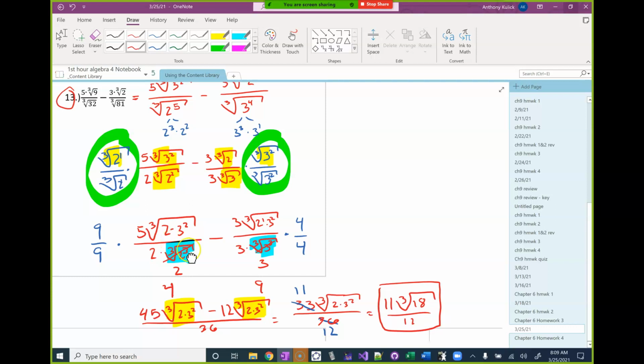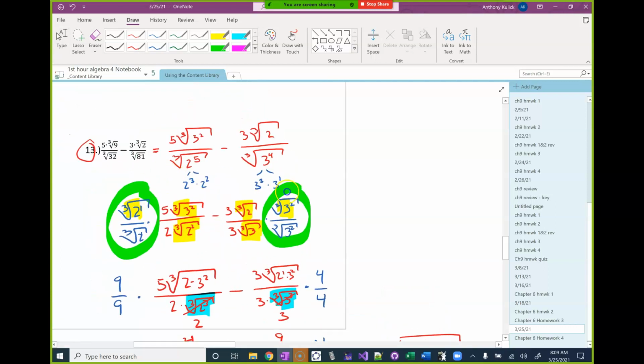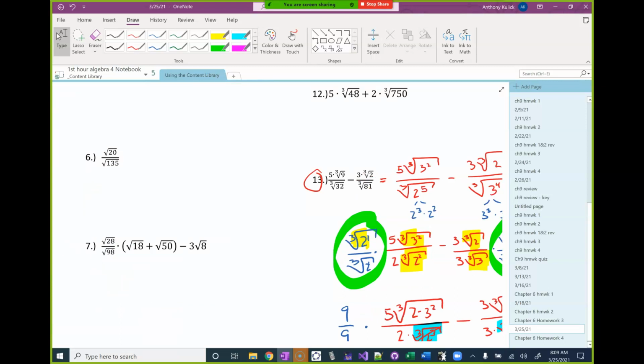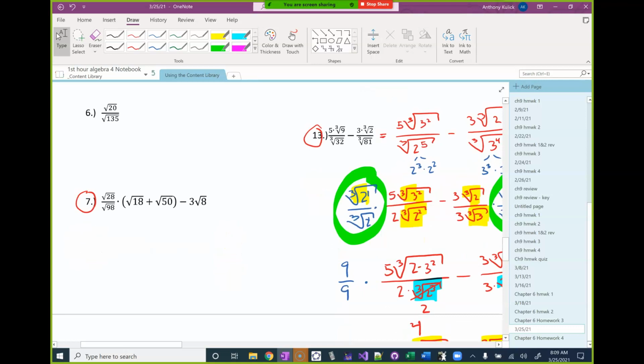So this one here, right? Yeah. Okay. So I'm going to start with prime factorizations. So 28 is 2 squared times 7. 98 is 2 times 7 squared.